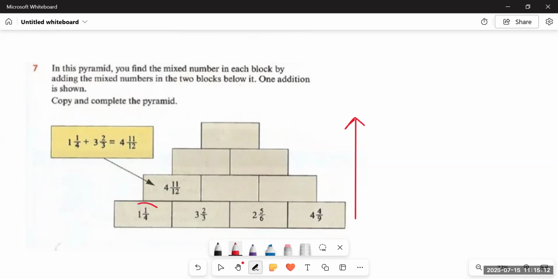We are provided with two fractions in two blocks, 1 whole 1 upon 4 and 3 whole 2 upon 3. What do we have to do?